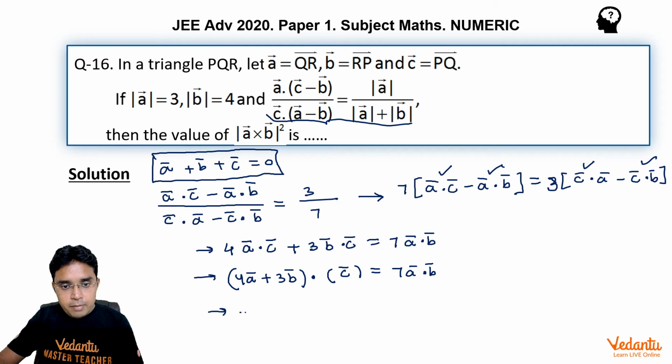So if I take minus common, this will be (4A plus 3B) dot (A plus B), and minus I have already taken common, so that will be 7 A dot B.